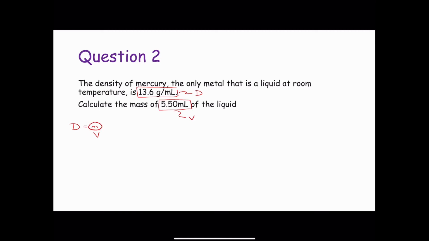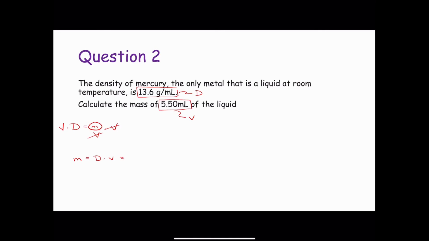And so what we're going to have to do is rearrange the formula to solve for M. We're going to multiply both sides by V, and that means that V will cancel out over here, and what we'll end up with is that mass is going to be equal to density multiplied by volume. We can double check our algebra here when we take a look at the units.